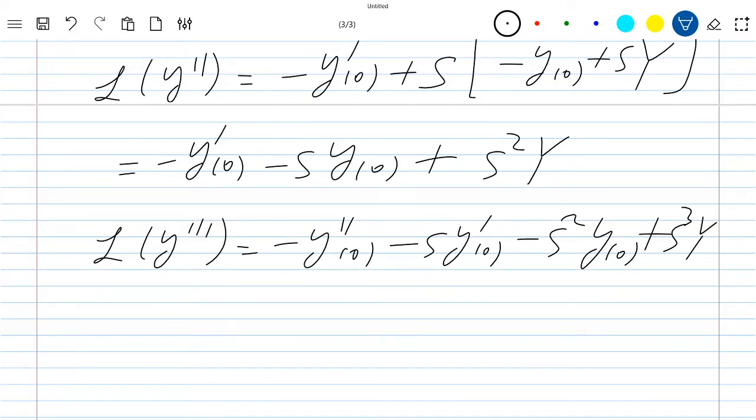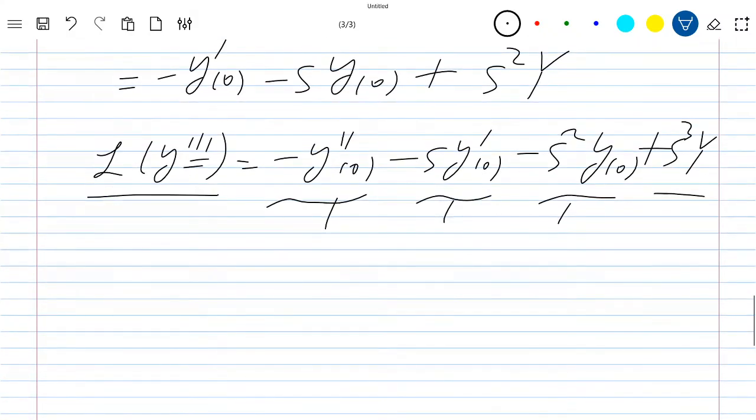So the Laplace transform of a derivative of y will contain initial conditions of increasing order. Well, the derivative is decreasing order, but s is increasing order. And the last term is positive times s to the power of this, and then times Y. Okay? And all of these numbers will be known, so it's completely determined.